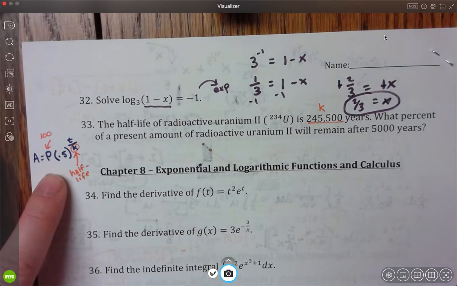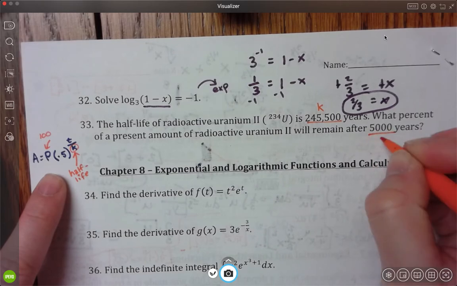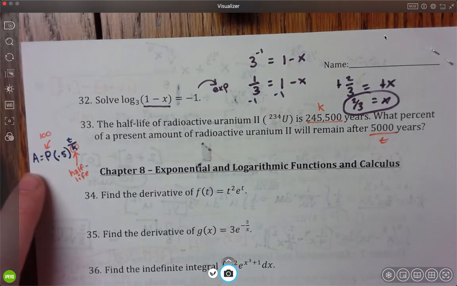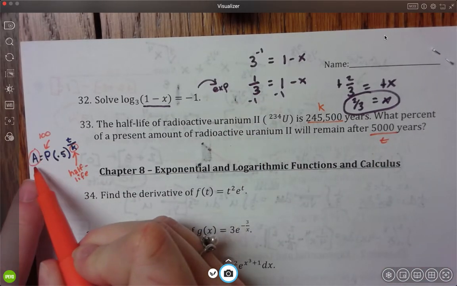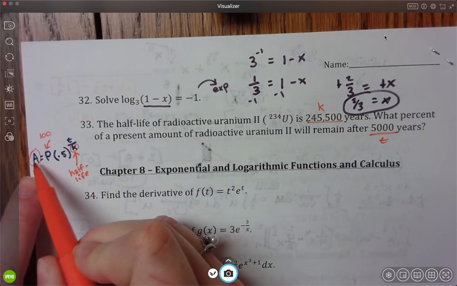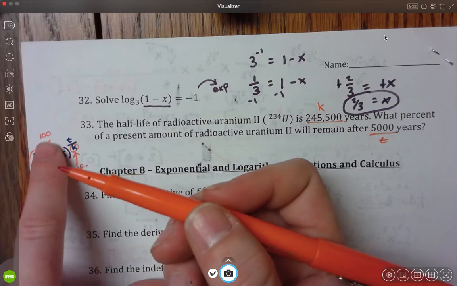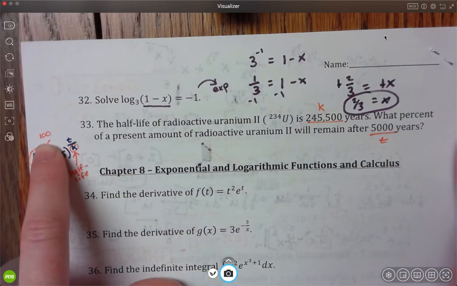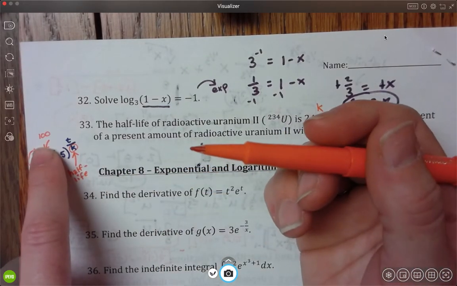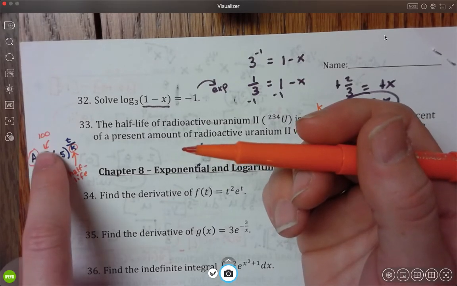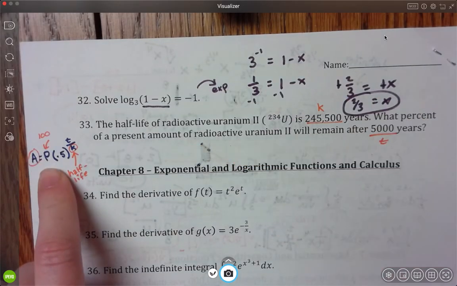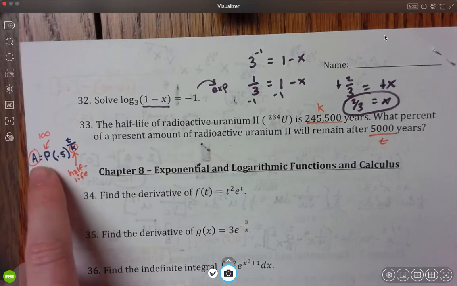So I have K, I have T, and then the after amount will tell me what portion of 100 is left. Okay, and the reason why I use 100 is because percentages are out of 100. So you could have used 1 if you wanted to. You could have used any number in this spot, but 100 makes the most sense to me because I'm thinking of this as starting at 100%, what would be left for the after amount.